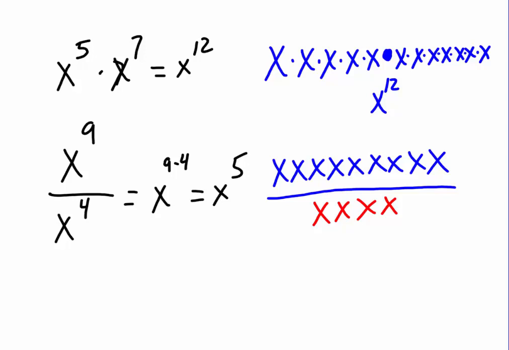We can reduce by canceling, because each time we cancel, it's just equal to 1. So I'm going to cancel, cancel, cancel, and cancel. Well, let's see. That's 1, 2, 3, 4, 5 on the top. So x to the fifth.